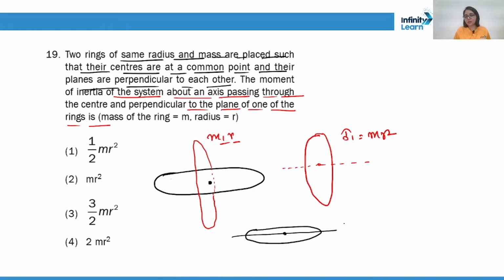So in this case, the moment of inertia is given as mr square by 2. So the total moment of inertia of the system is I1 plus I2, which is mr square plus mr square by 2, and this is 3 by 2 mr square, which is option 3.